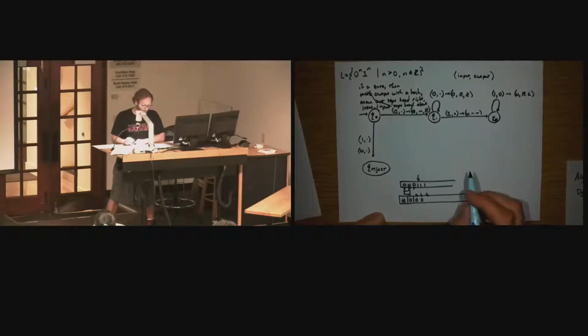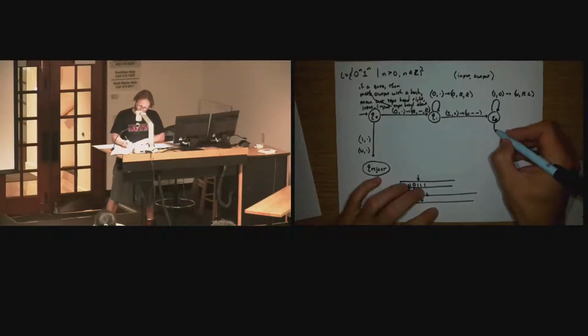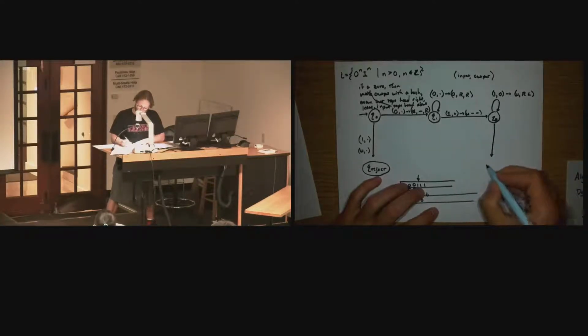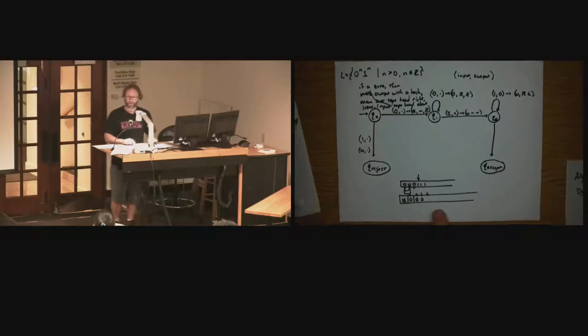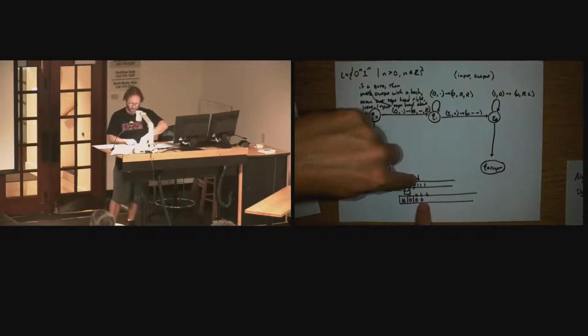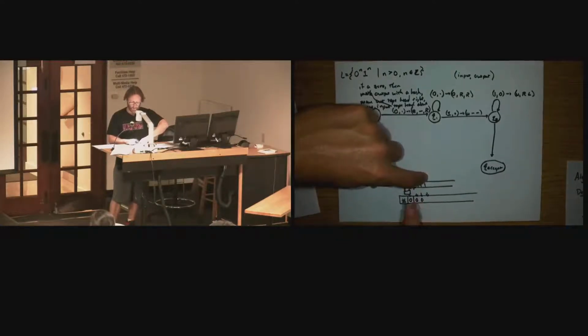Until what? Q accept. There we go. When do I accept? Then I would accept this one because 0, 0, 0, 1, 1, 1. So 0 matches, 0 matches, 0 matches.